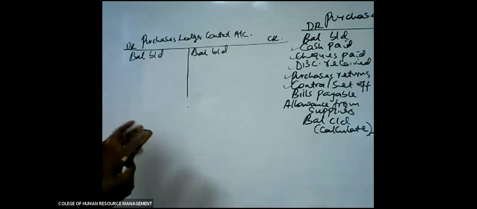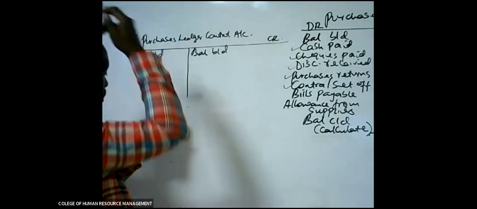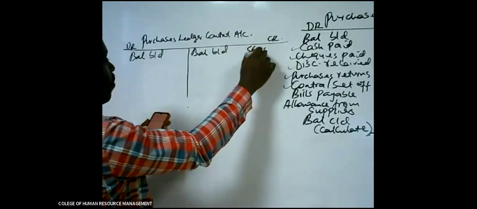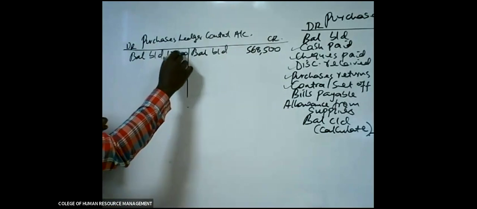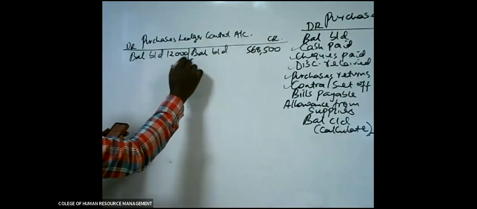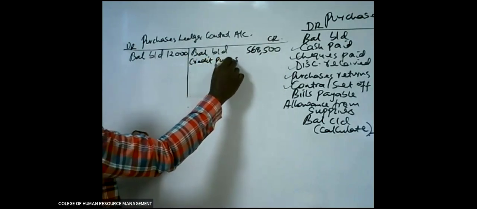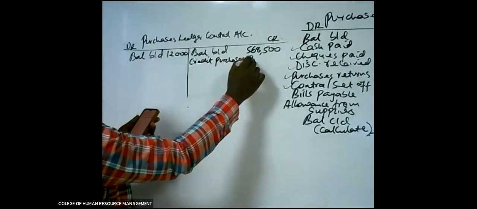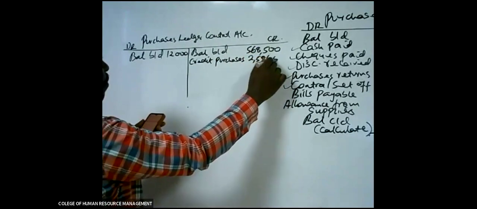So for the credit side, we are told it is 568,500. For the debit, it is 12,000. And those purchases are simply credit purchases, the credit purchases 2,586,500.